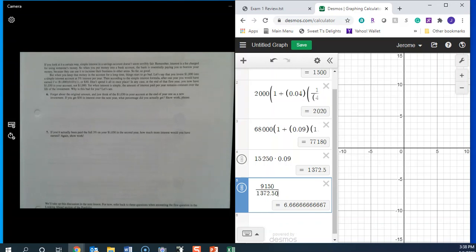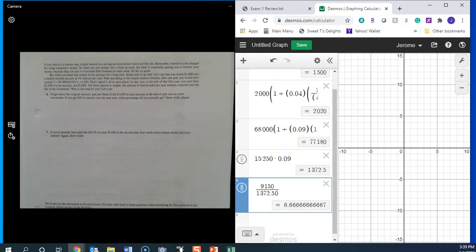So far, so good. But when you keep that money in the account for a long time, things start to go bad. Let's say that you invest $1,000 into a simple interest account at 3% interest per year. Then, according to the simple interest formula, after 1 year, you would have earned I equals 1,000 times 0.03 times 1, or $30.